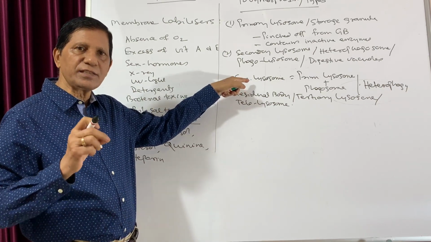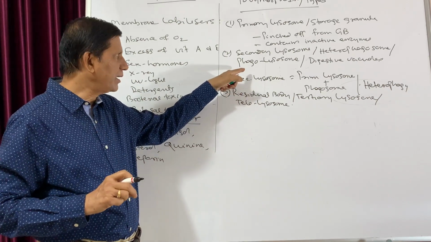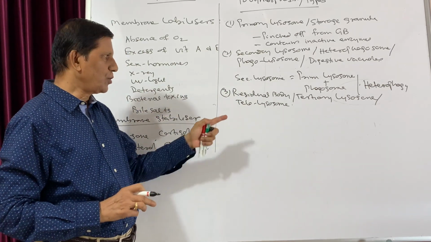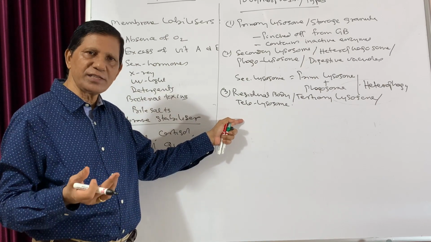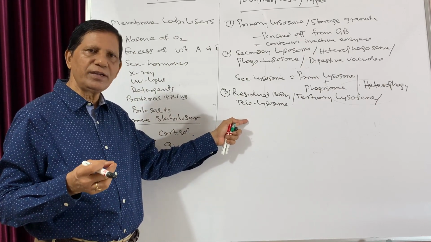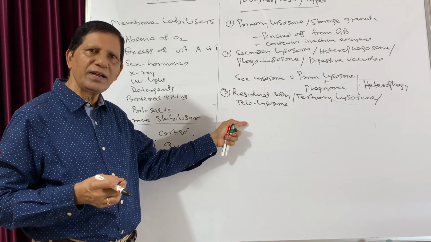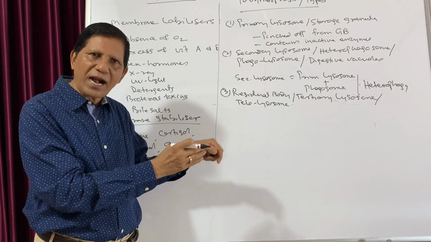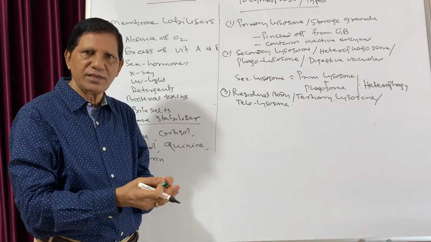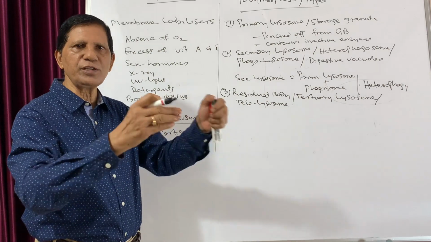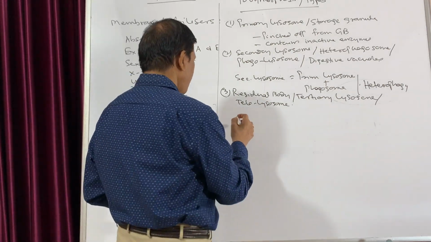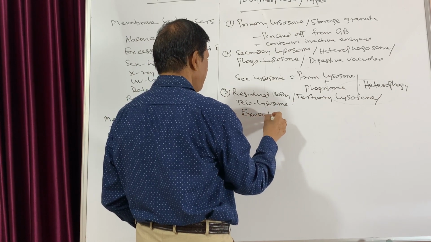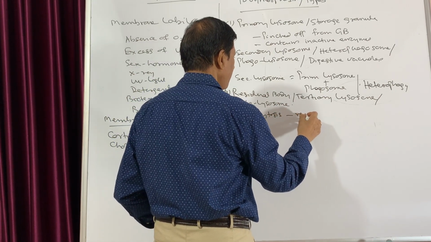The undigested substances which remain in the lysosome are now known as the residual body. This residual body passes towards the cell membrane, and by means of exocytosis the undigested food material is removed out of the cell.